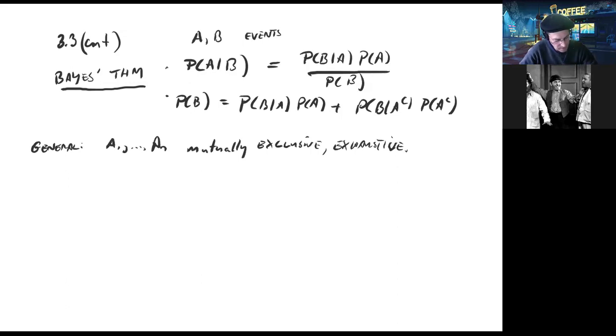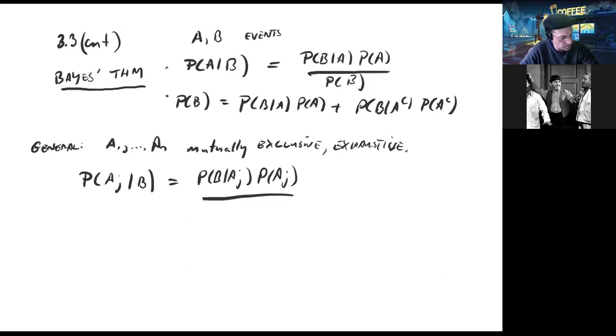And then if you want to compute the probability of one of these events, A sub j given B, that's the same as the probability of B given A sub j times the probability of A sub j over the probability of B. Well, that's nothing new. That's the same thing as what we did up here with A being replaced by A sub j.